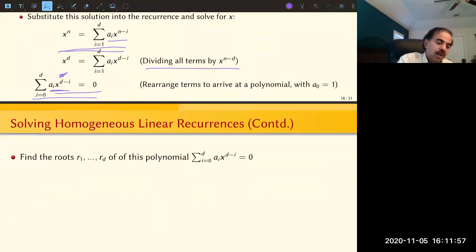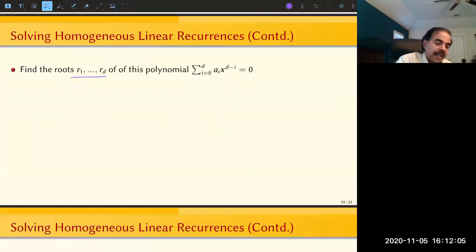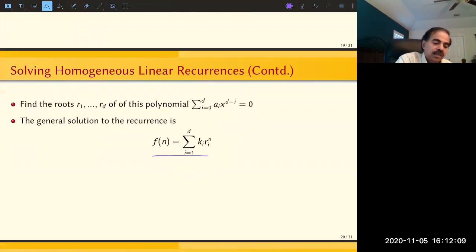So here is what we do. We find the roots of this polynomial. Then the general solution is of this form, because we already said it is of the form x to the power n, and we solved for x.